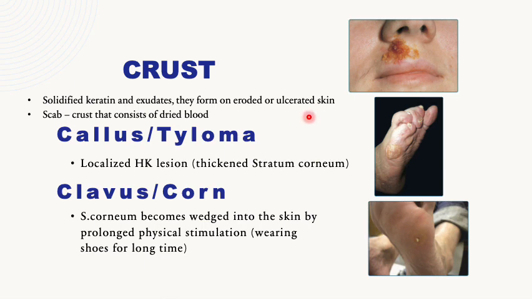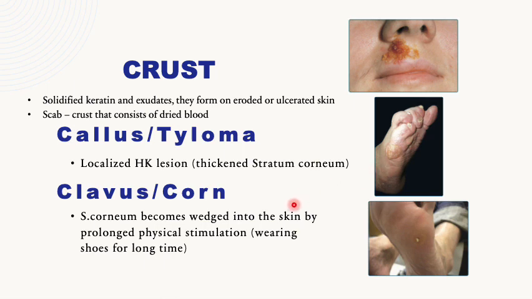So what is crust? Crust is the solidified keratins and exudates, and they form on ulcerated or eroded skin. And the scab is a crust that consists of dried blood. And the callus is a localized hyperkeratotic lesion, which is a thickened stratum corneum, especially on the foot here.